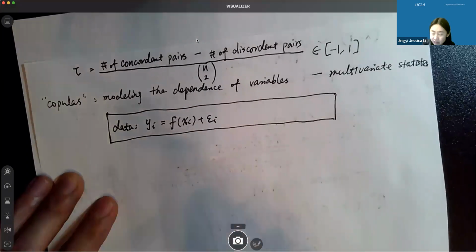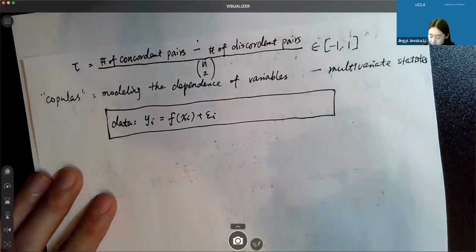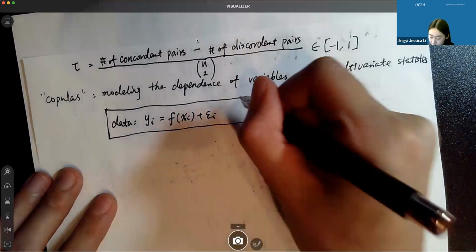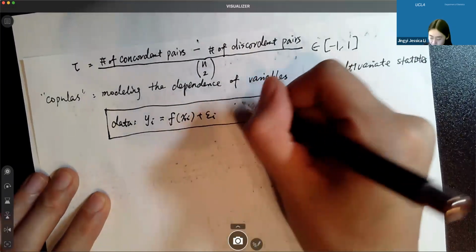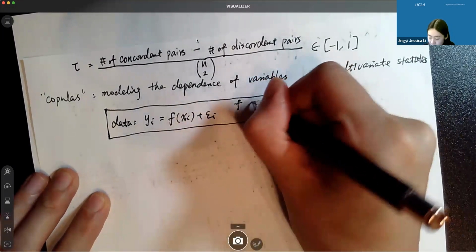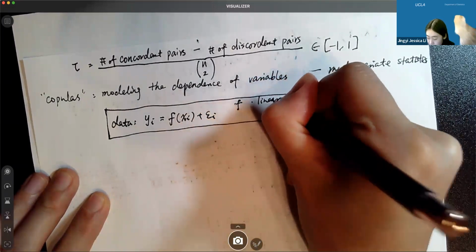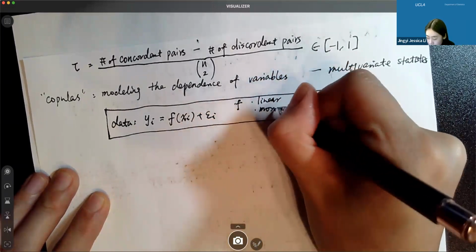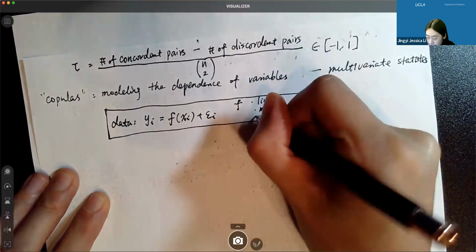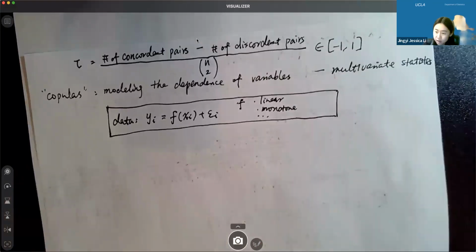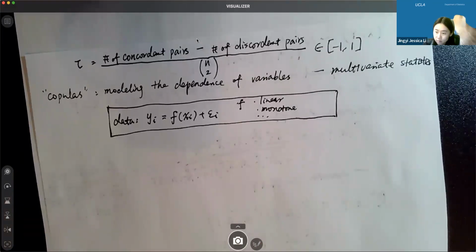If this is our data generating model, then when we talk about linear, we mean it's about f. So is f linear, or is f a monotone function, etc.? Does this make more sense? That's what we mean. Okay, so we talk about these two things.